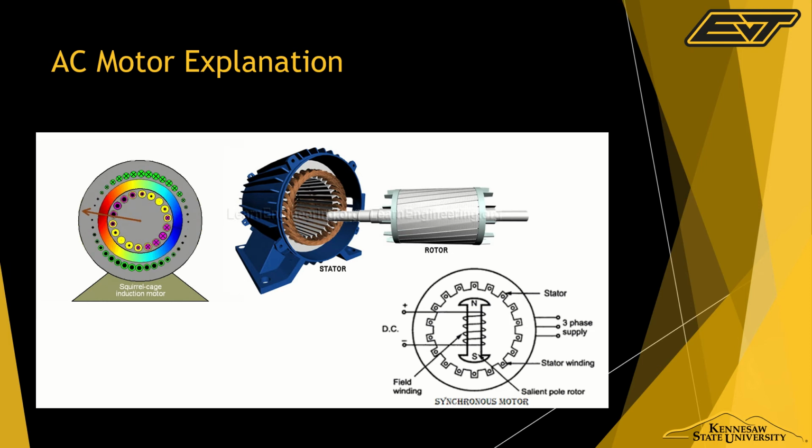So that's why the rotor spins slower than the magnetic field in the stator. Also, if you apply more load to the rotor in an induction motor, it will spin more and more slowly the more load that's put on it.